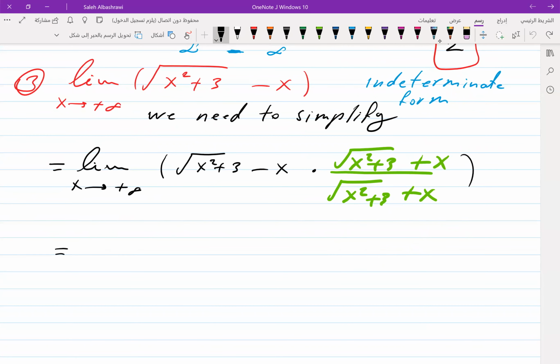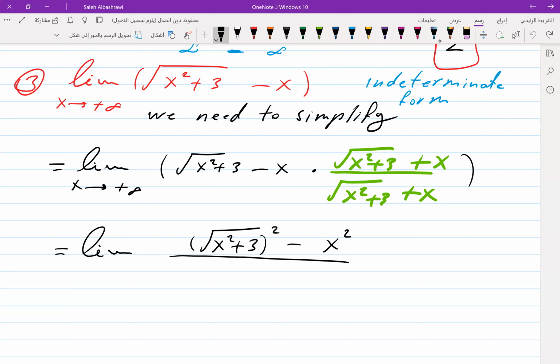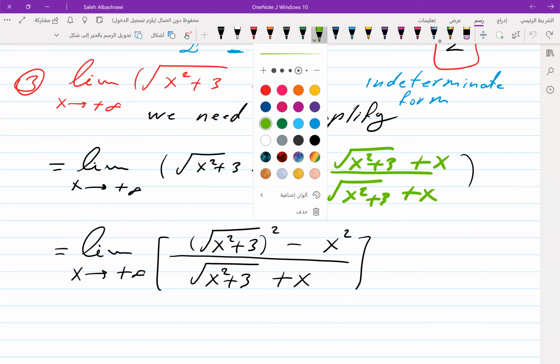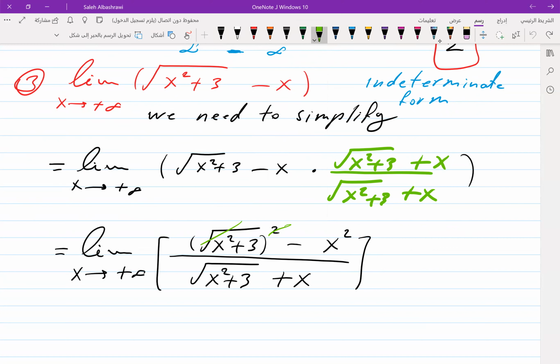So this is equal to the limit. For the numerator, it will be the first one squared minus the second one squared. That is square root of x squared plus 3, squared, minus x squared, divided by square root of x squared plus 3 plus x, where x goes to plus infinity. As we know, the square will cancel the square root.